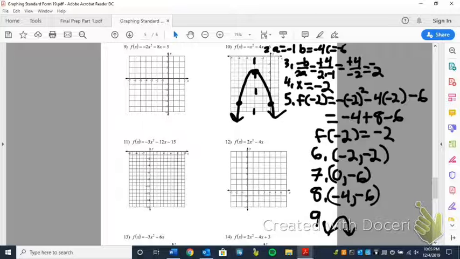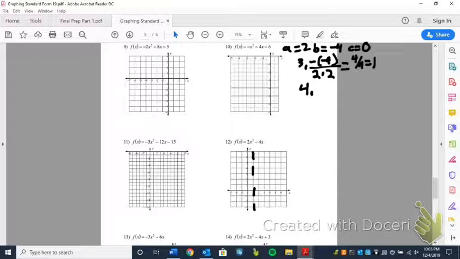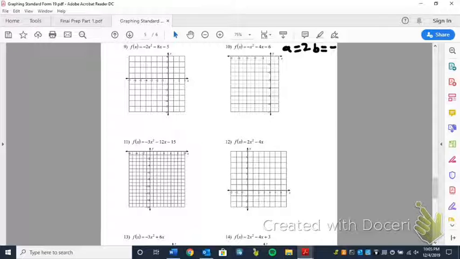there are, I think I did like 3 more. So if you're stuck, you got number 12. For some reason, I did number 12 first before number 11. So number 12, a equals 2, b equals negative 4, and c equals 0.